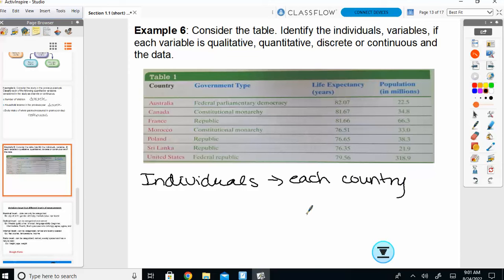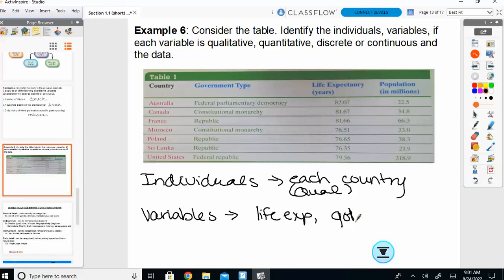And is that qualitative or quantitative? Yeah, that would be qualitative. Okay. What are the variables? For each country, what am I concerned with? Life expectancy is one. Government type.